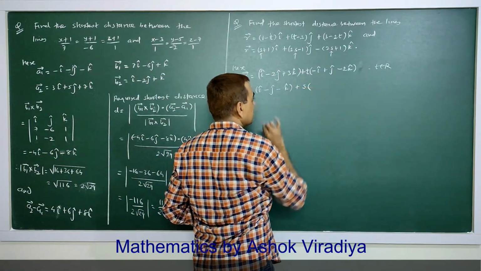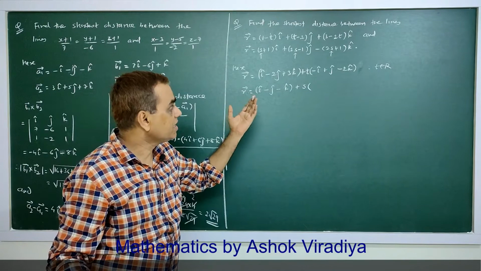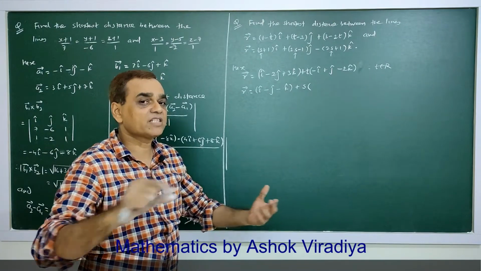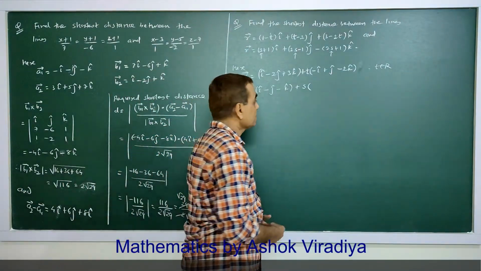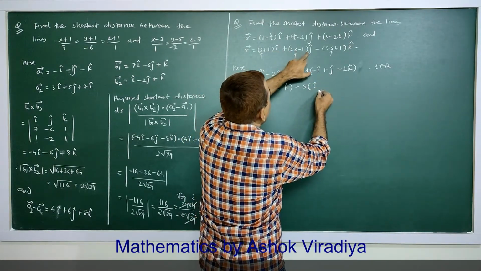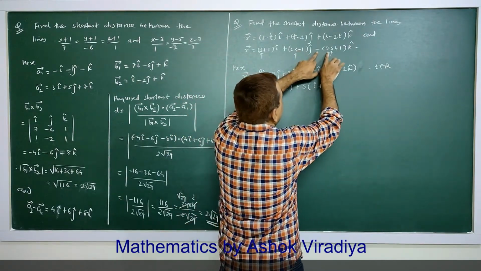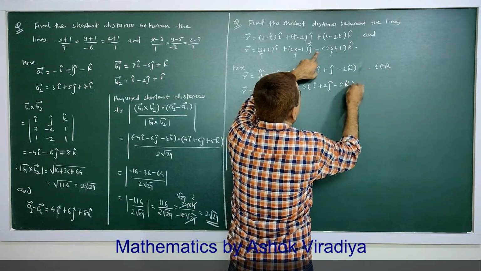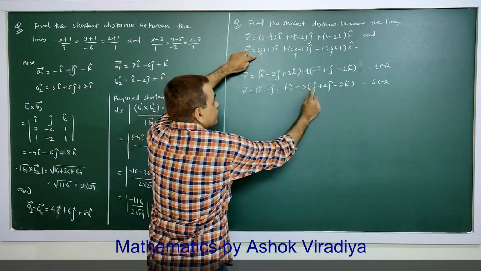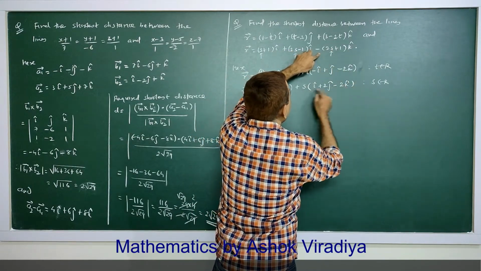S is a parameter like mu; lambda, mu, t, s, k, m, these alphabets can be used for a parameter. So s into si, 2sj, so I keep 2j, so it becomes 2sj, minus 2sk, minus 2k, s belongs to R. Check once again: si, 2sj, minus 2sk.